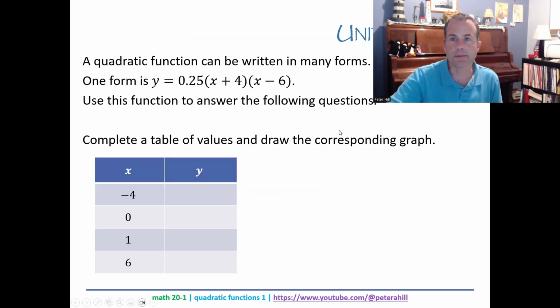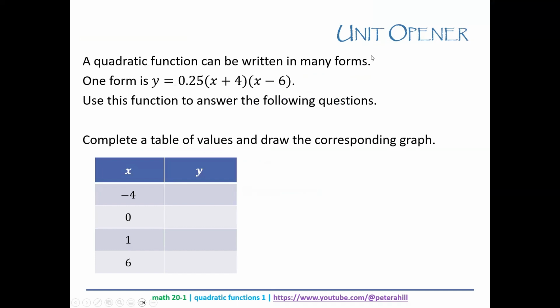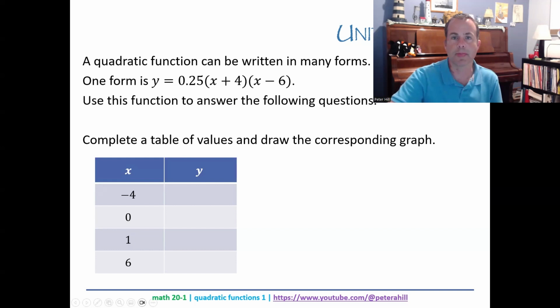Next up, I'm just going to hide my head here for a quick sec. A quadratic function can be written in many forms. One form looks like this: y equals 0.25 times (x plus 4) times (x minus 6). Use this function to answer the following questions. Okay, so first of all, we are going to complete a table of values and draw the corresponding graph.